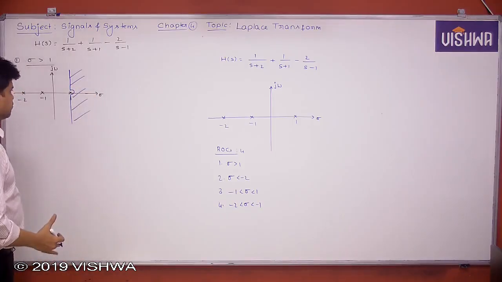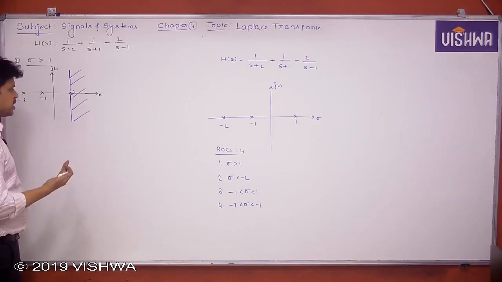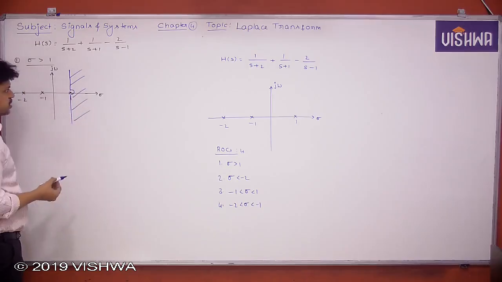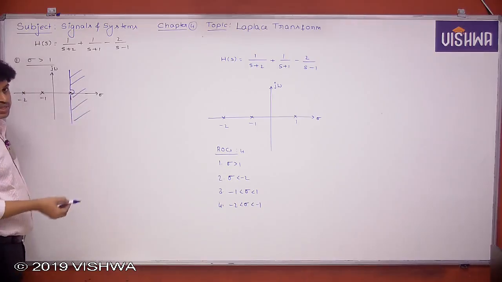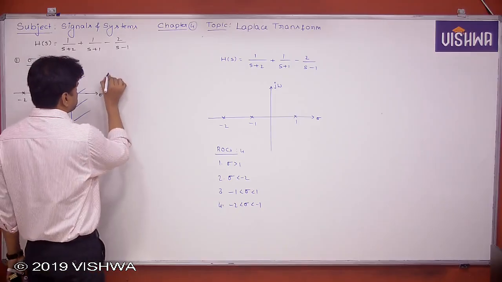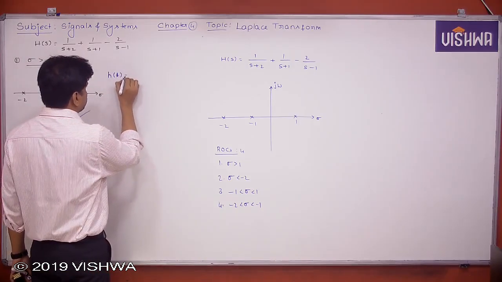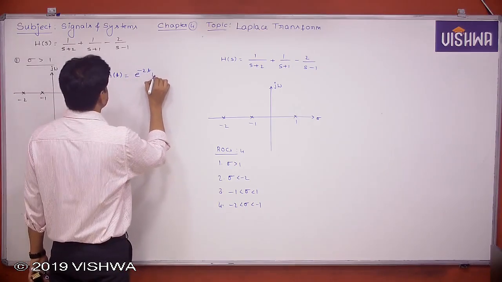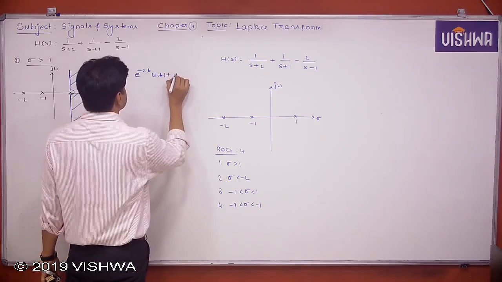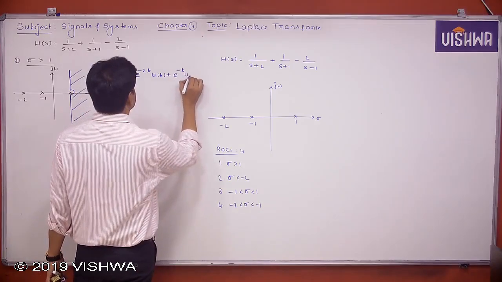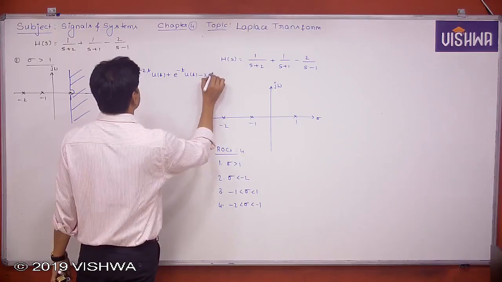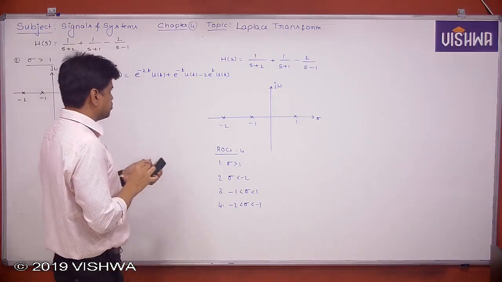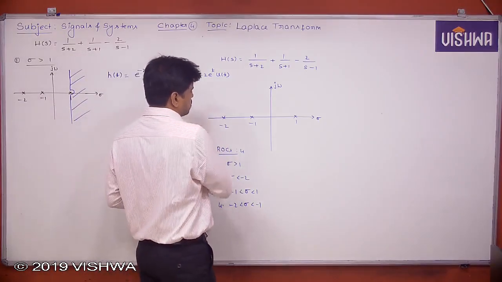For each pole, it is a right-sided ROC: for 1 it is right side, for -1 it is right side, for -2 it is also right side. So everything is a right-sided signal here. So writing h of t: e^(-2t) u(t) + e^(-t) u(t) - 2 e^(t) u(t). So this is h of t. I hope it is clear.